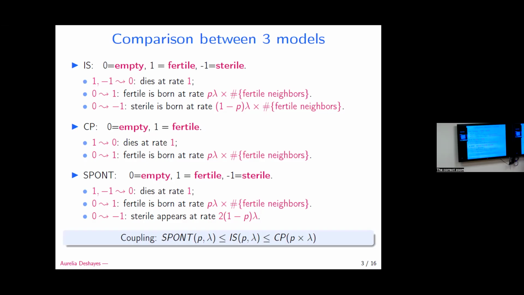Everyone has offspring, and everyone has the same probability of giving birth to fertile or sterile. Everyone is normal.